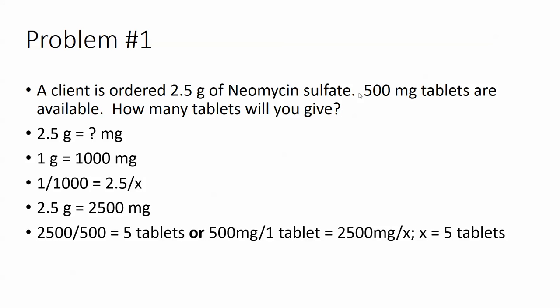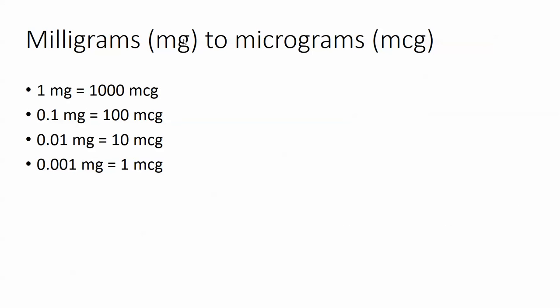So we know we have 500 milligram tablets and we need 2,500 milligrams of neomycin sulfate. You can just divide 2,500 by 500 equals 5 tablets, or put it into the ratio: 500 milligrams per tablet equals 2,500 milligrams over X. X equals 5 tablets.